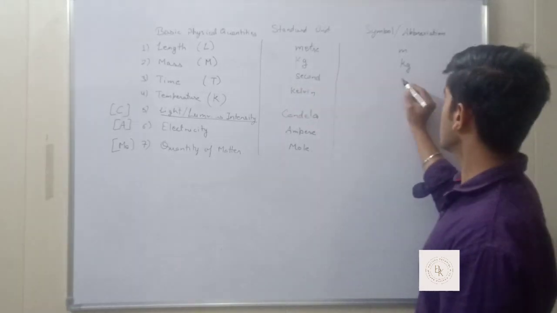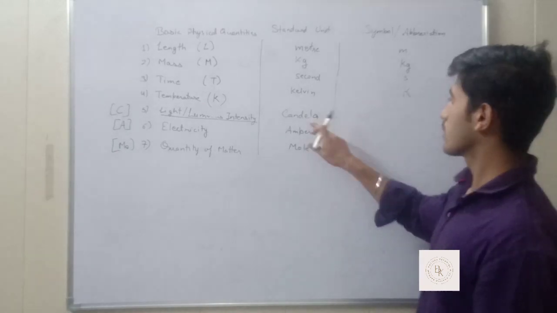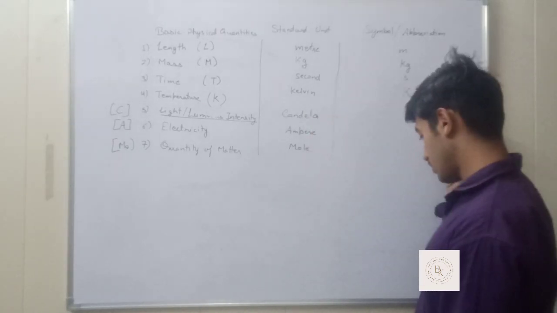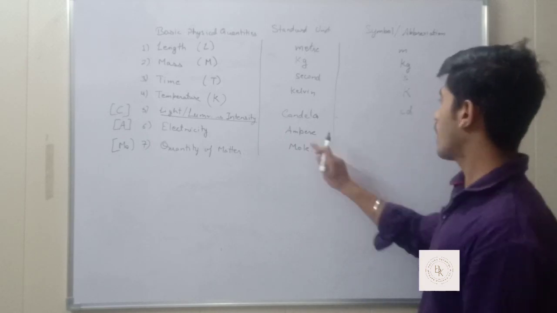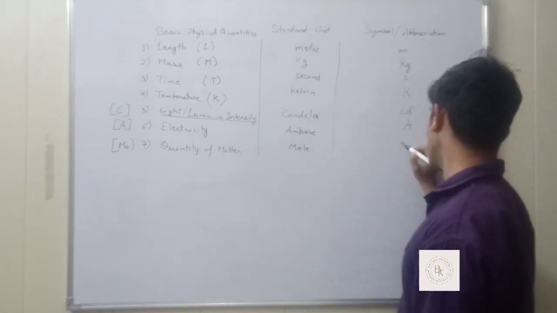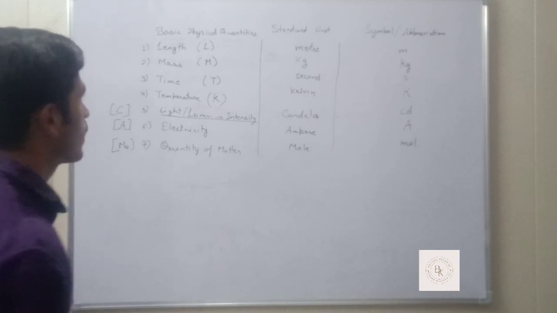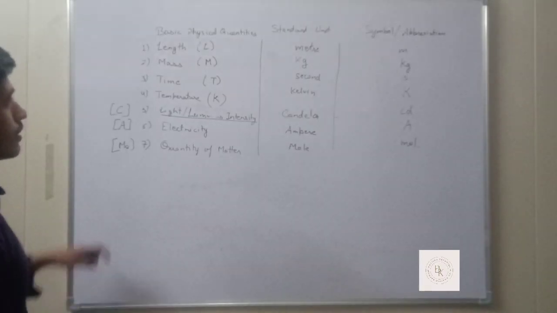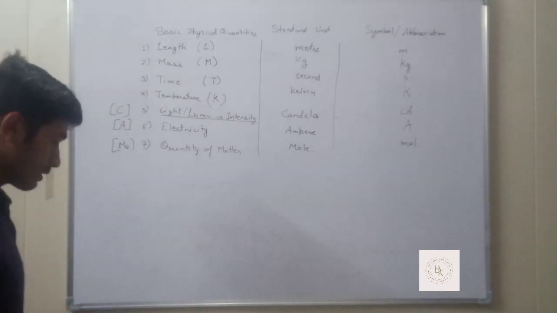Here is the time, second, symbol is S. Kelvin, symbol is K. Candela, symbol is CD. Ampere, symbol is A, and mole, symbol is MOL. Okay, so these are the symbols we use for these basic physical quantities.